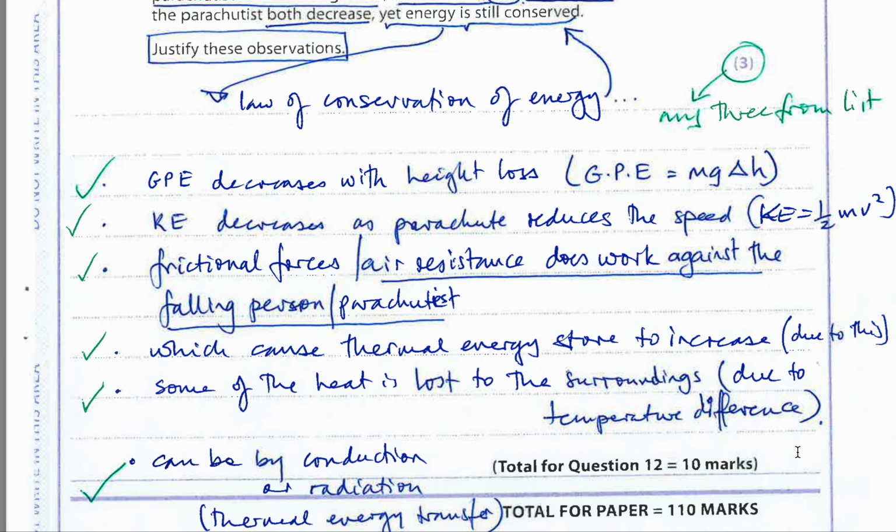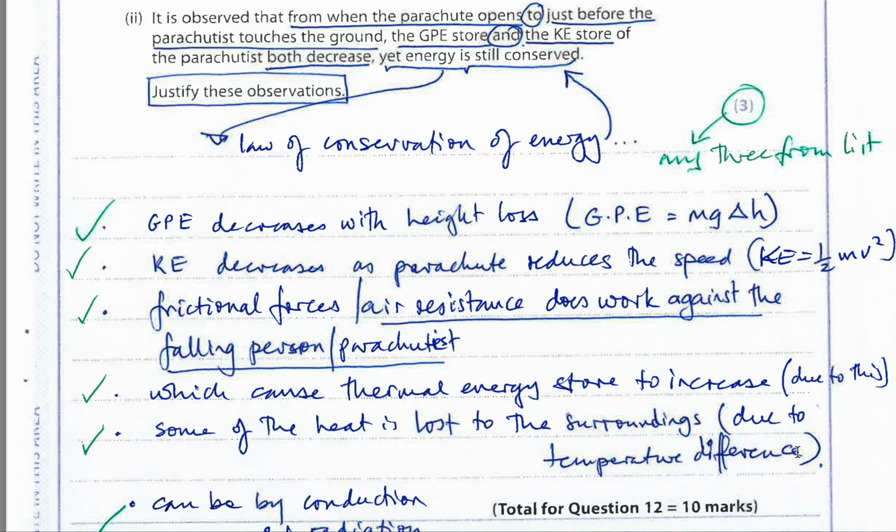And then this is the final part of the exam. It says it is observed that from when the parachute opens to just before the parachutist touches the ground, the gravitational potential energy store, I don't really like the word store, but that's the term you have to use now, and the kinetic energy both decrease.